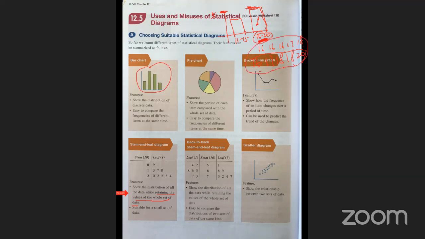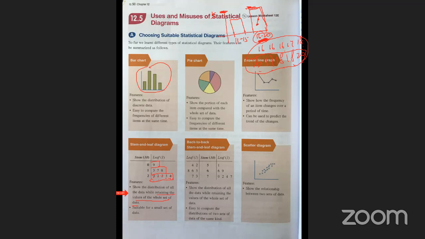For stem and leaf diagram, it looks like a bar chart, right? You can see that for this one, 1, 2, 3, 4, 5, you know that there are 5 data. It means you know the frequency. But at the same time, you know the exact data. You know amongst these 5 data, one is 20, 2 are 22, one is 23, and one is 24.